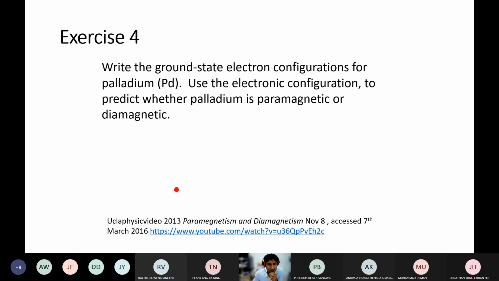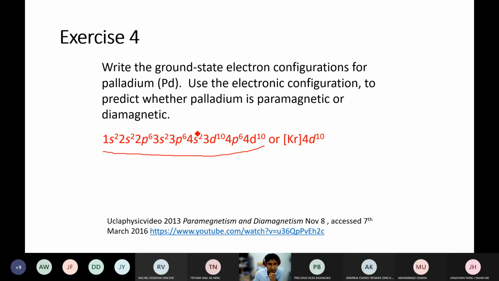For 46 electrons, we fill it up in this way: 1s2, 2s2, 2p6, and at the end we see that it goes up to 4d10.